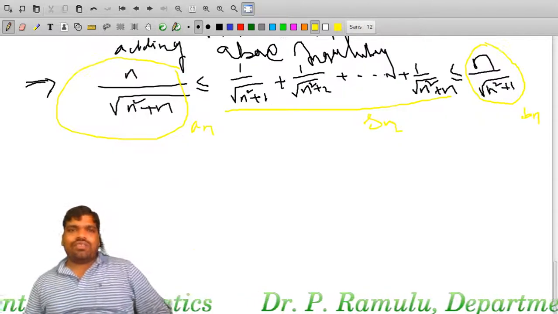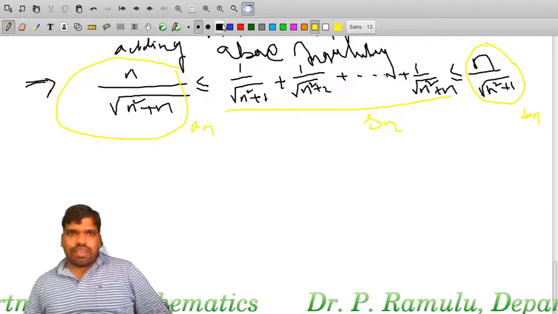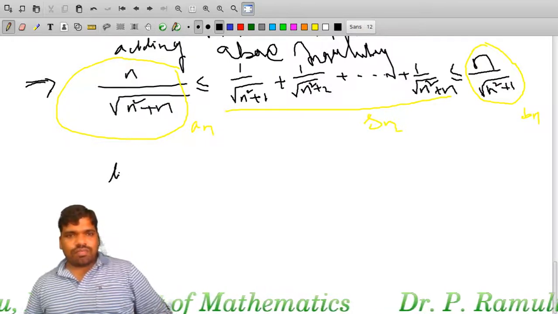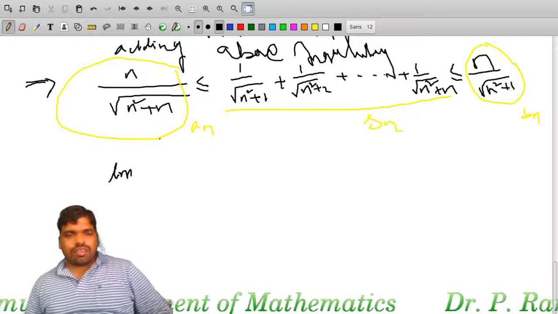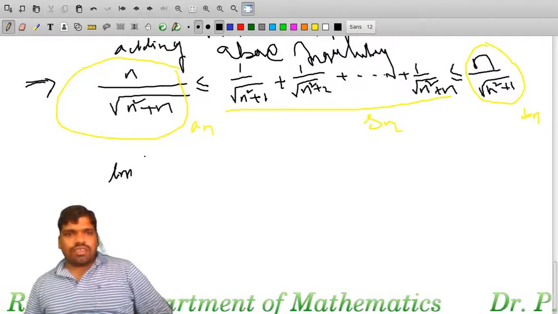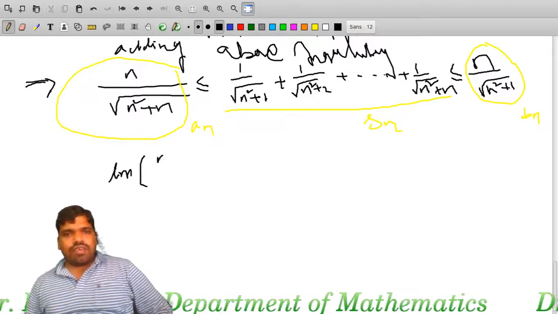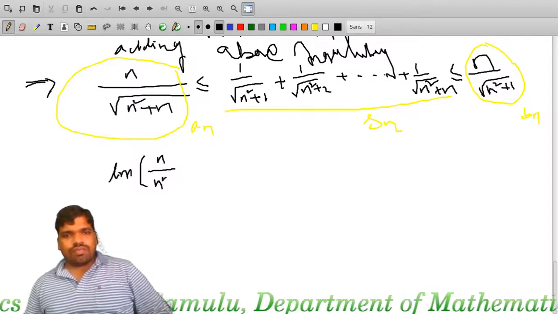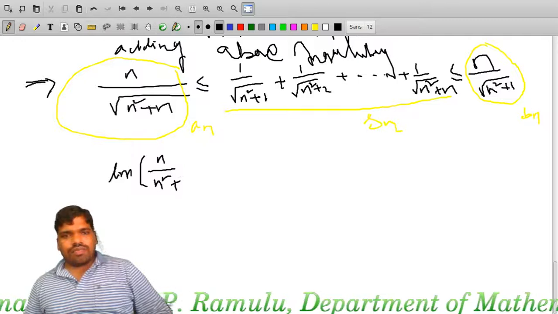Apply the limit to this. Limit of n by square root of n square plus n.